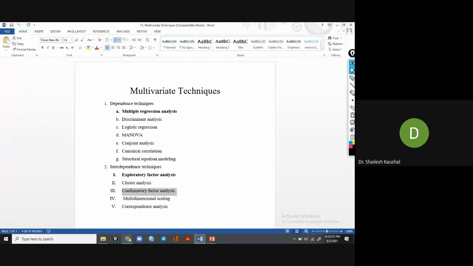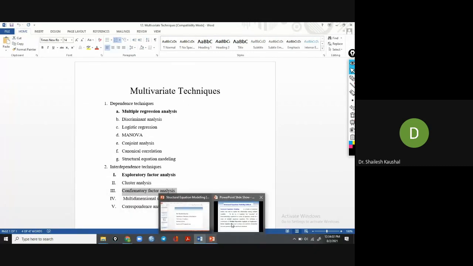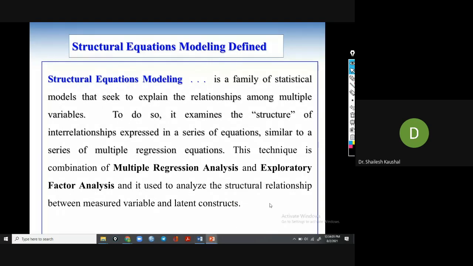Now the question is, what is structural equation modeling and how is it different from the other multivariate techniques? Basically, it's an advanced statistical tool to analyze the data. Other techniques like multiple regression analysis, discriminant analysis, and regression can be used only for one relationship.